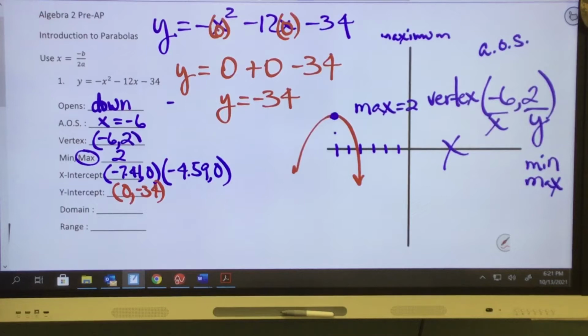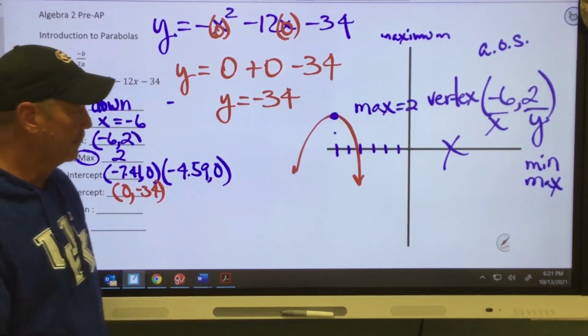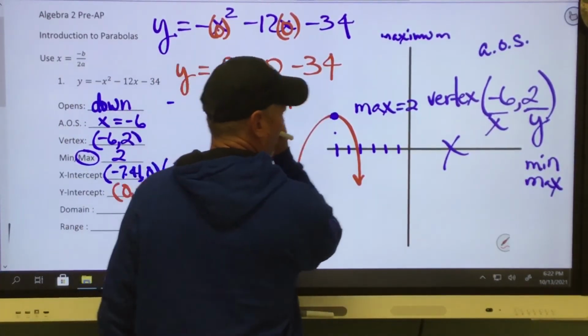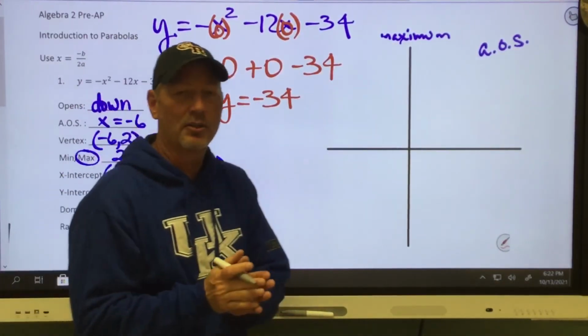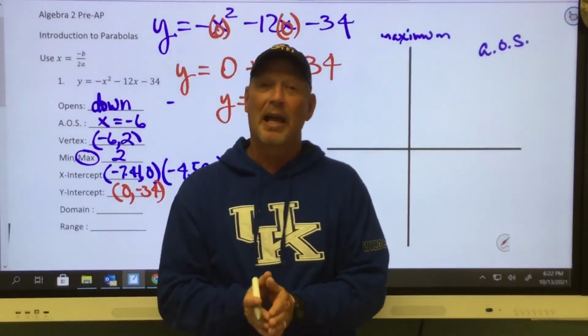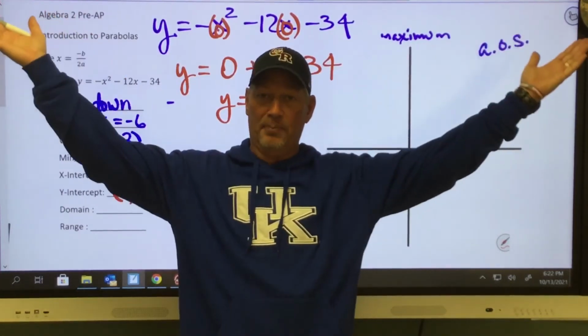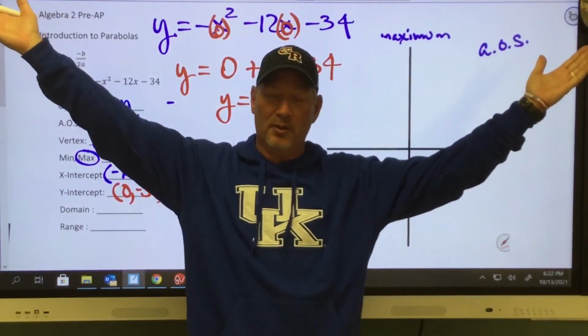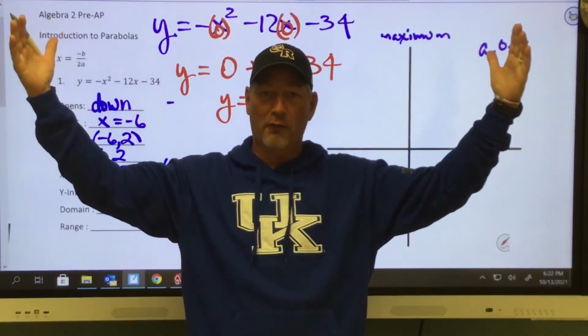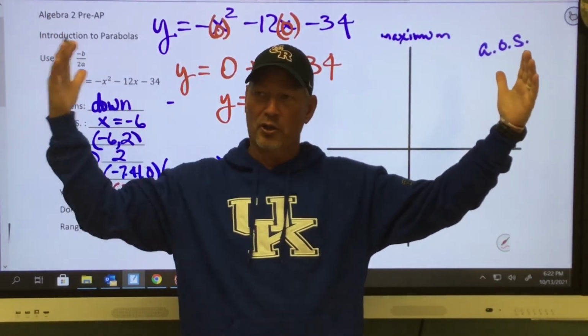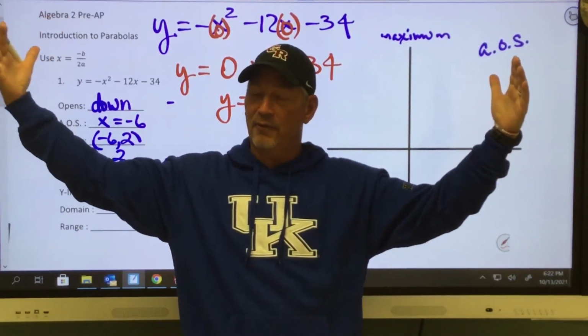Okay? My domain. Let me erase this real quick. All of my graphs, just like absolute value, you had a V-shape. We went forever to the left. We went forever to the right. Now, just because we're a curve, a U-shape, we're still going to go all the way to the left to negative infinity.